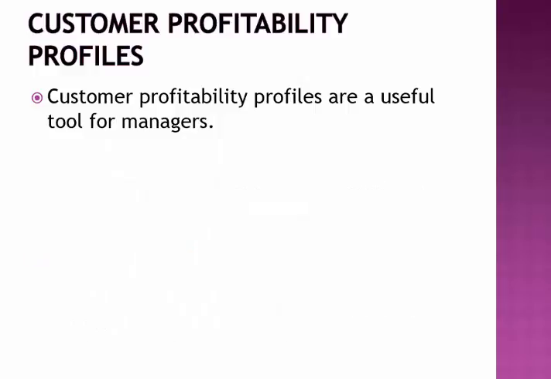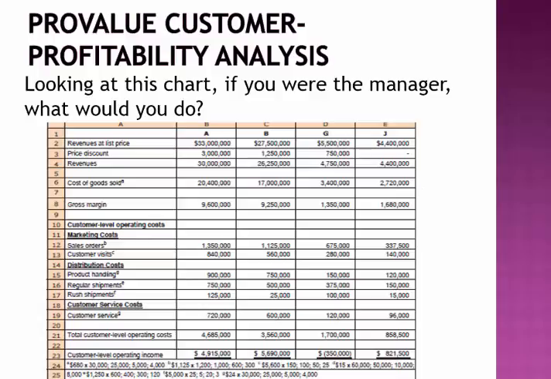If we were to go back and put ours in order, customer B would be first. They've got $5.69 million in operating income. Customer A would be second because they've got $4.915 million in operating income. Customer J would be third, $821,500, and then customer G would be fourth.